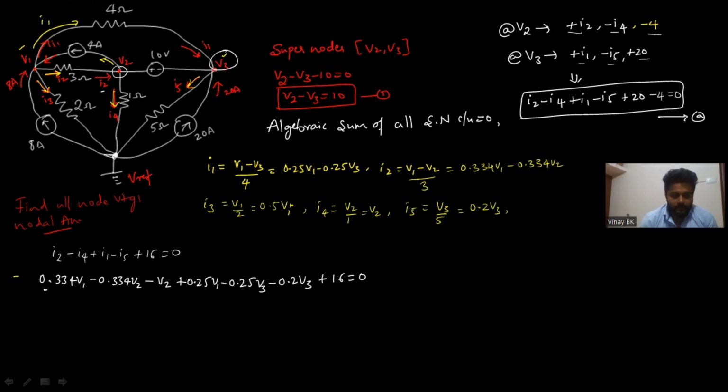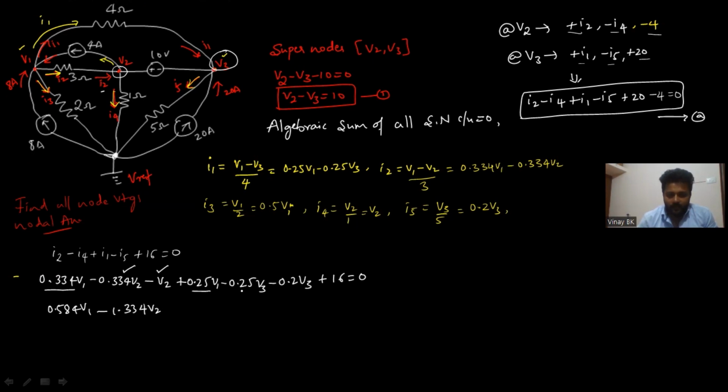For V1 you can see 0.334 V1 and 0.25 V1, so you get 0.584 V1. Similarly for V2, minus 0.334 minus 1, that is minus 1.334 V2.